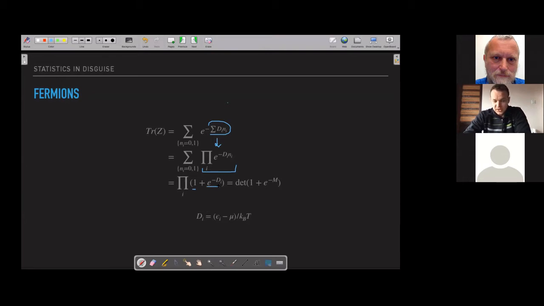And we notice that this product is just the product of eigenvalues of this whole matrix. And because the determinant is invariant under unitary transformations, we can simply write that this product is equal to the determinant of 1 plus exponential of minus M, with M being the initial matrix, which is Hermitian.